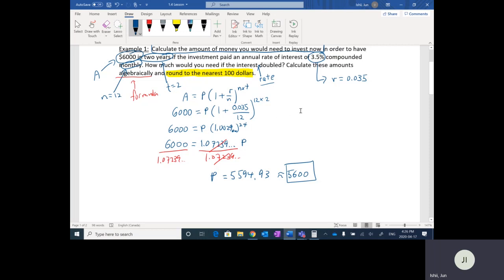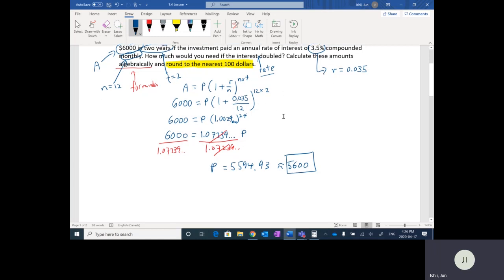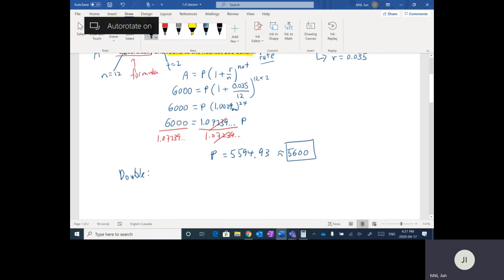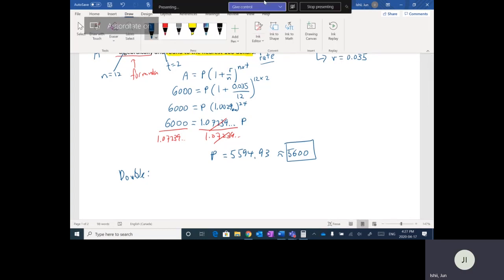So we're going to have to redo this calculation, plug in stuff, and instead of using 3.5%, we're going to double that rate to 7%. So double R. All right, so let's plug that stuff back into the formula.